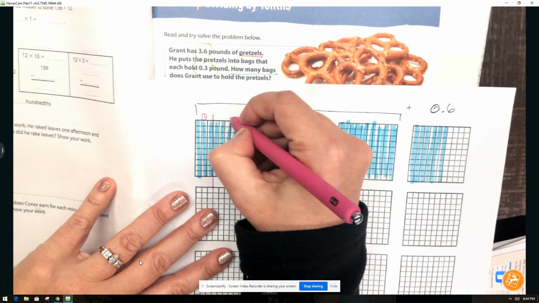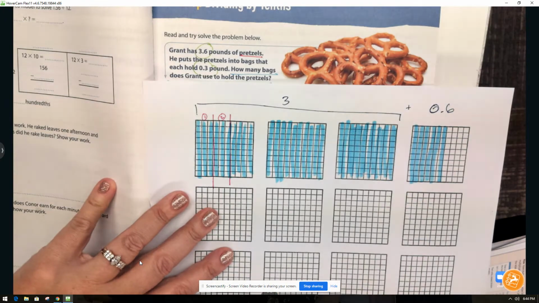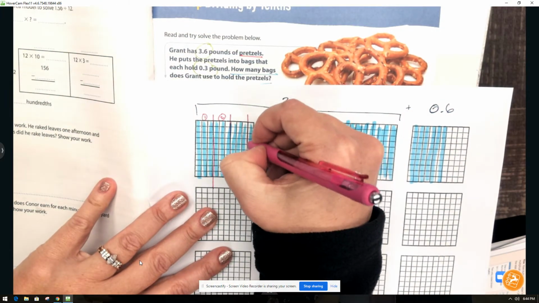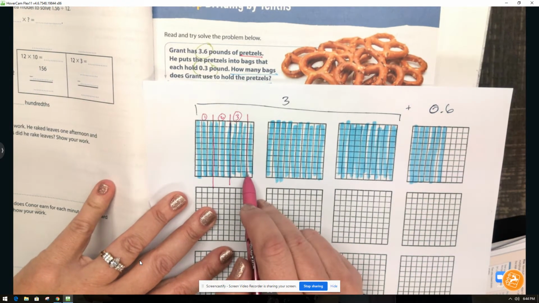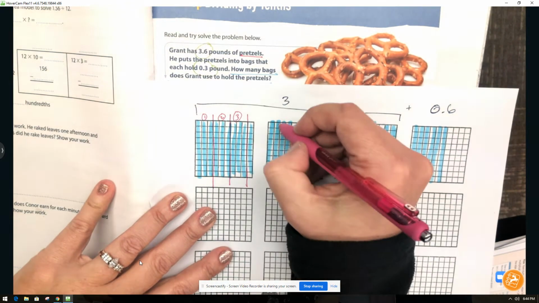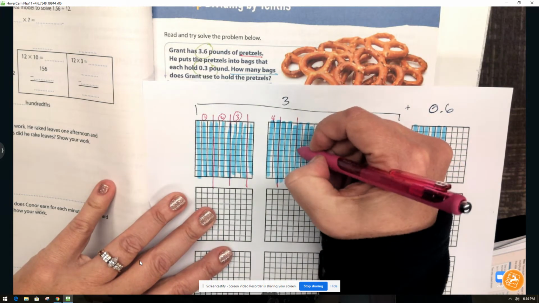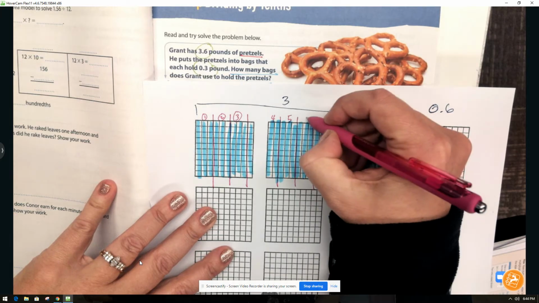Then I'm going to take the next 3/10 and draw a line. That is my second group of 3/10. Then I'm going to make a third group of 3/10. Now I have 1/10 left over. I'm going to take 2/10 from this group and then draw another line. That is 4 groups. And then 5. And then 6.